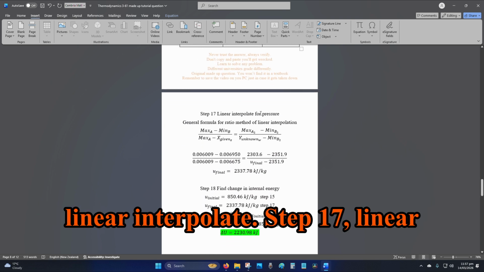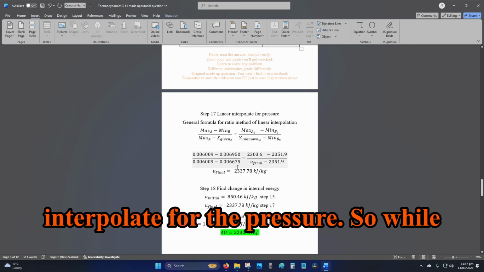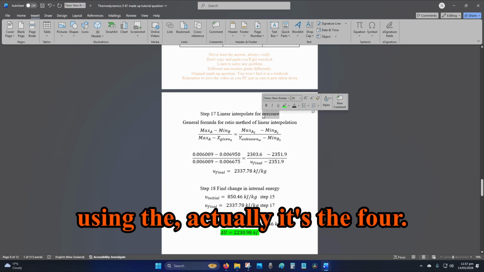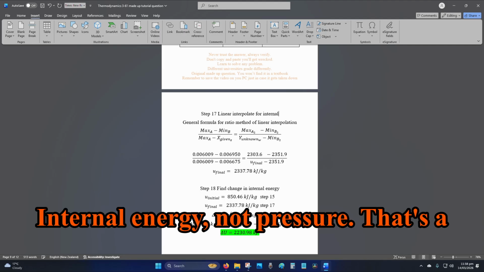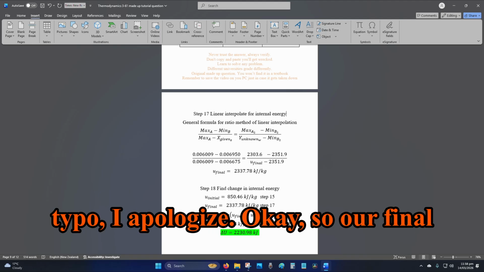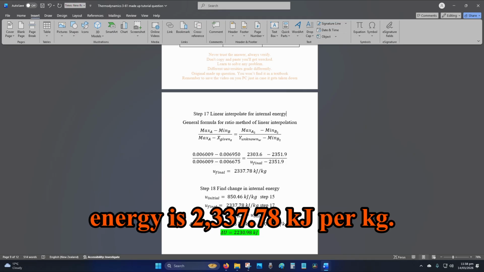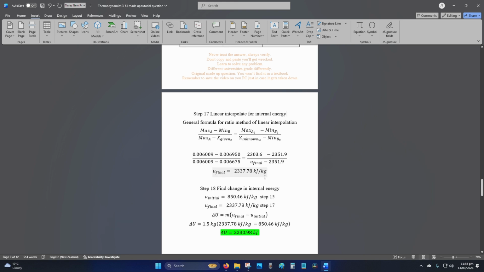Step 17, linear interpolate for the pressure. Actually that's for internal energy, not pressure. That's a typo, I apologize. Our final specific internal energy is 2337.78 kilojoules per kilogram.